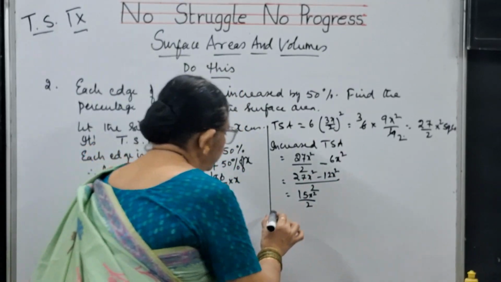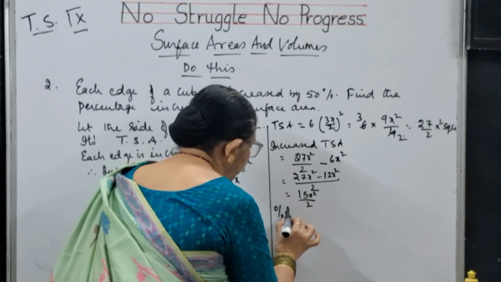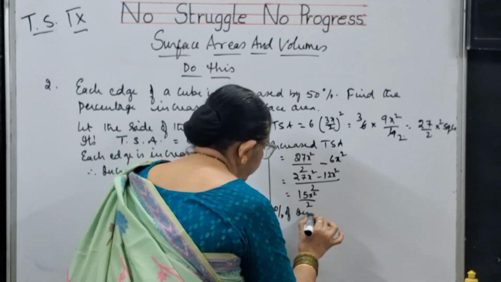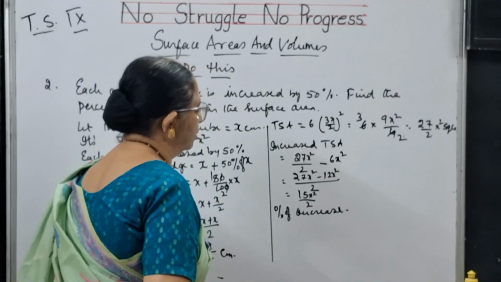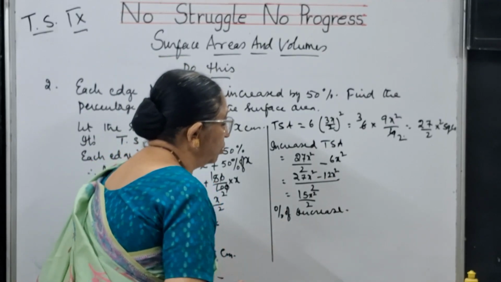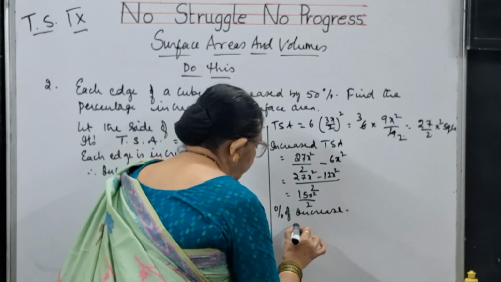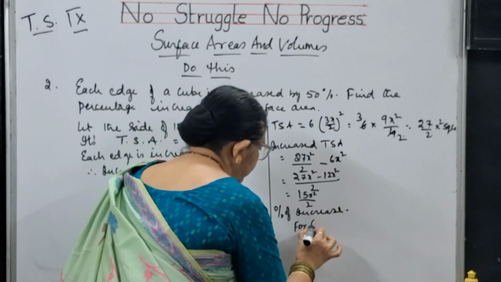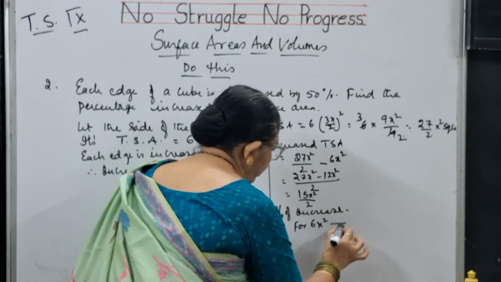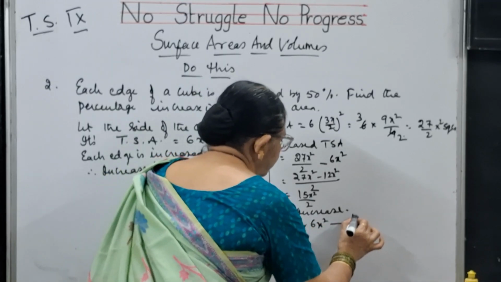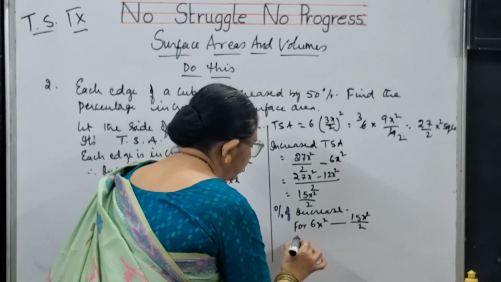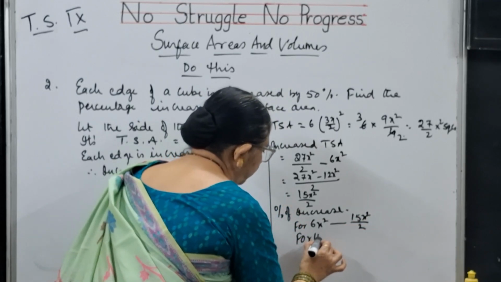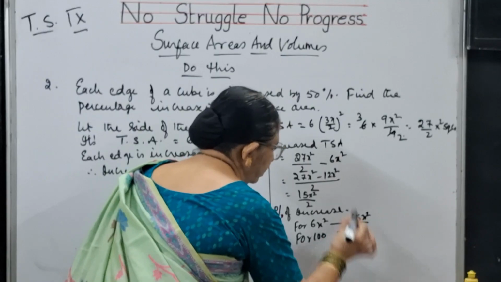Now we want the percentage of increase. This is what they are asking. Percentage of increase. What does it mean, children? How do you calculate? See, for 6x square area, what is the increase? 15x square by 2. So, percentage means for 100, how much is the increase?